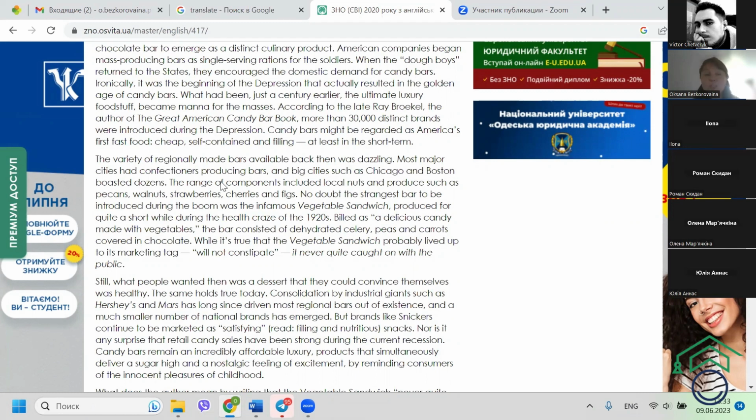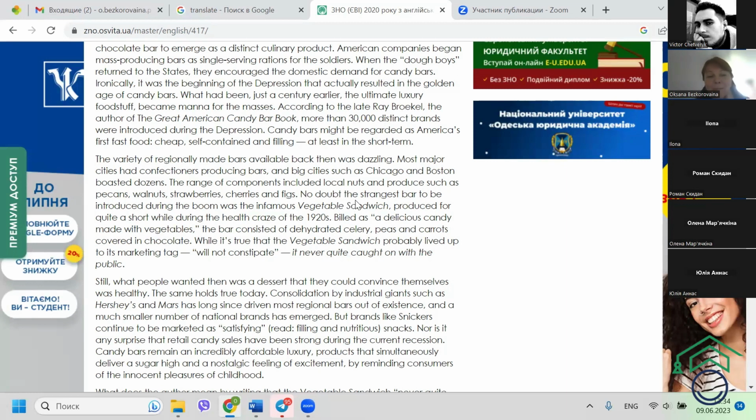Dozens, да? Chicago. Pay attention. CH is pronounced as Chicago. Dozens. The range of components included local nuts and produce such as pecans, walnuts, strawberries, cherries, and figs. No doubt.